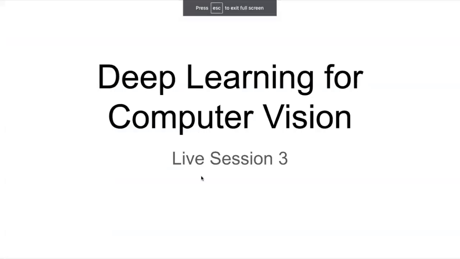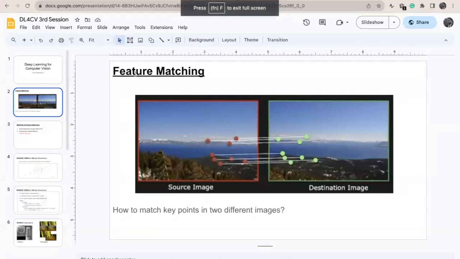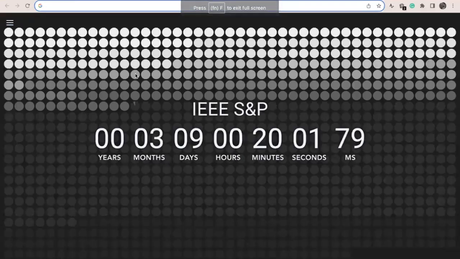Okay. So this is deep learning for computer vision, and the live session 3. And so in the last week, we started to, let me open the notebook as well.